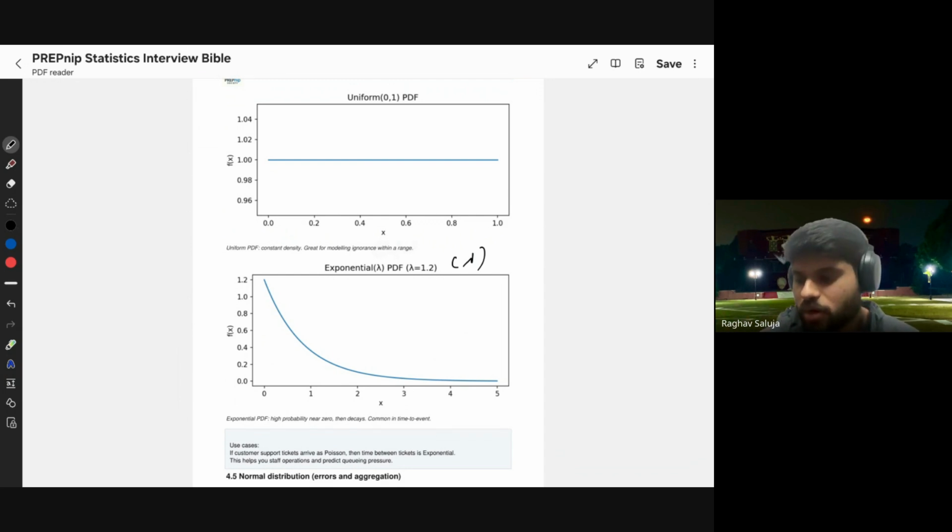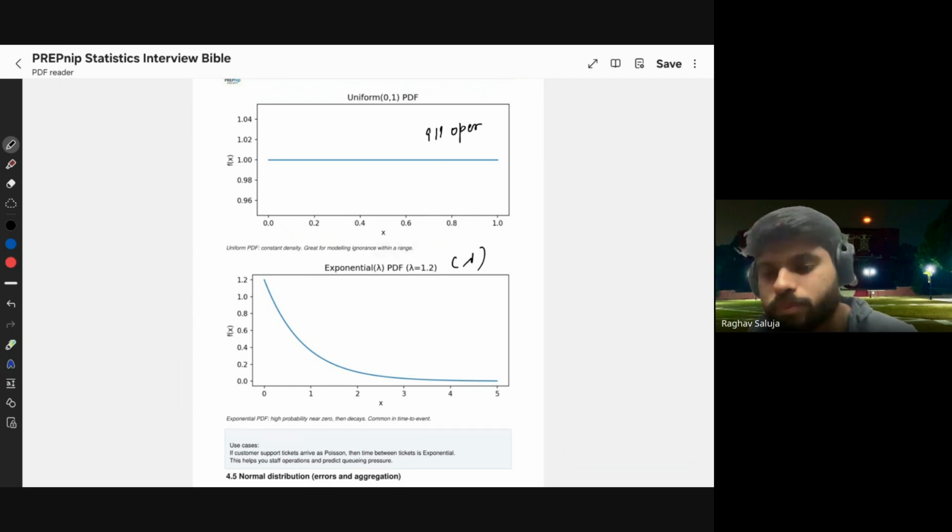Remember, we took an example of, let's say you are a 911 operator. Poisson में, if you remember, 911 operator वाली चीज हमने बात की थी. Now exponential will model the time between call 1 and call 2. Time between call 1 and call 2 is exponential because it models the waiting time between events.